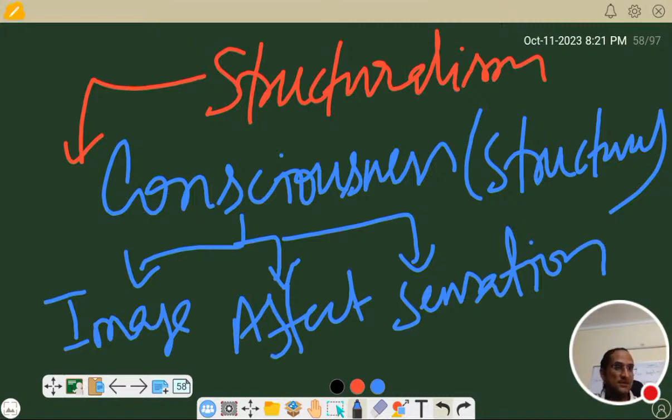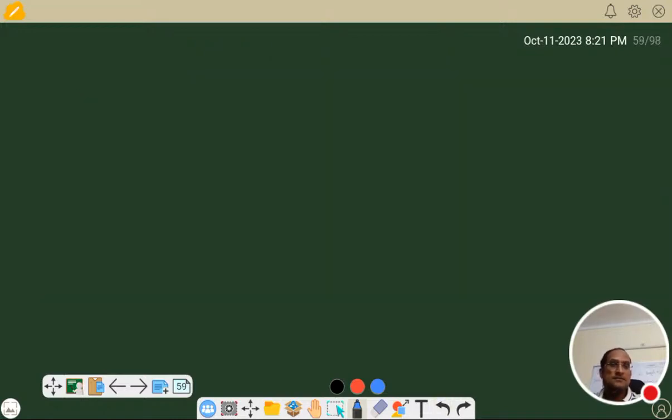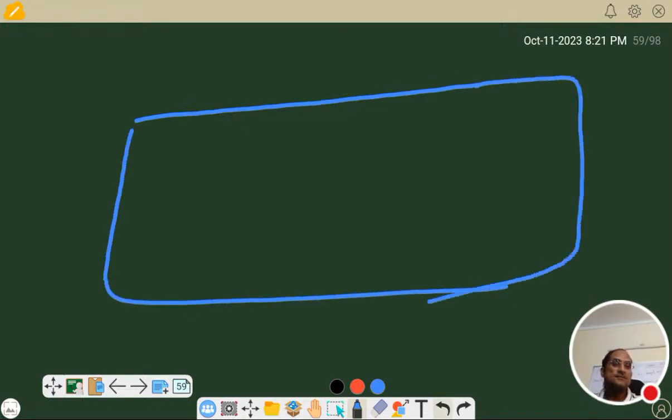Structuralists under the garb of Wilhelm Wundt and Titchener say that you have to study these constituents and you have to see how they interact with each other. And what is the method of study? In controlled conditions of the lab.